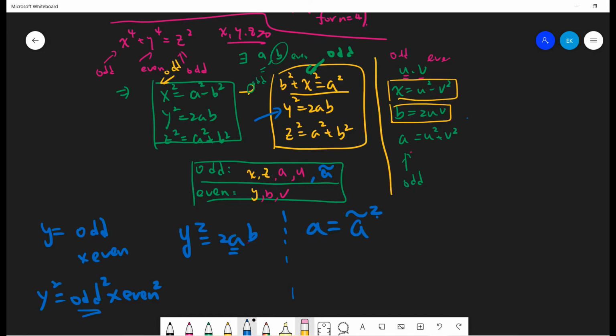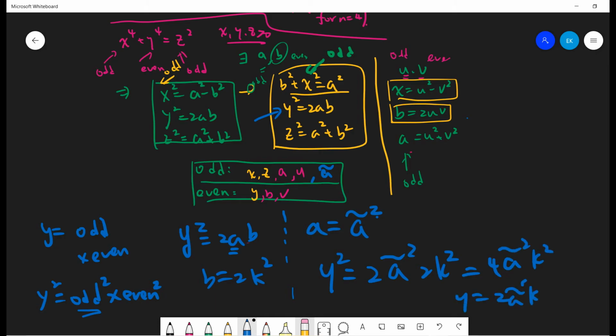If a is a tilde squared, then b should be, let's say, 2k squared. The reason is that y squared can be written as 2 times a tilde squared times 2k squared, which is 4a tilde squared k squared. So y is 2a tilde k.